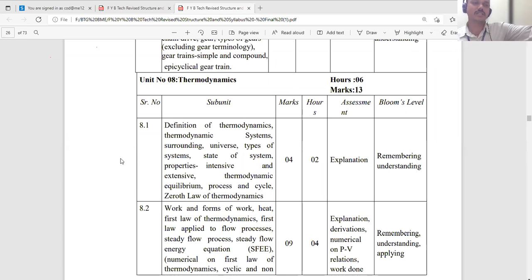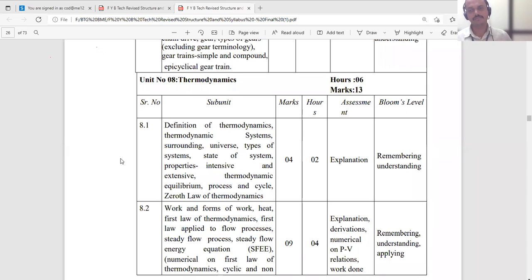Onkar has also given the answer. All parts of the universe other than the system are called the surrounding, where we are not interested to see what happens. We are interested in the system, but the system is affected by the surrounding, so it is also necessary. If something is happening in the surrounding, it affects the system. For that, surrounding is also necessary.